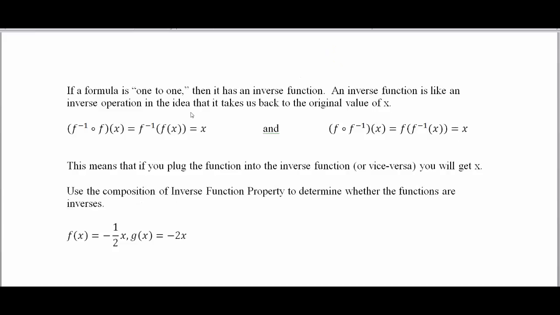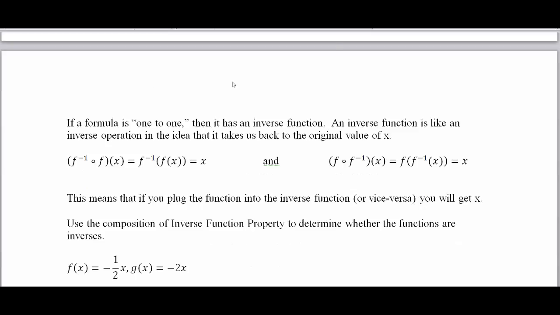Now for me to explain that a little bit more, I'm going to go up into the margin of the paper and create a table. If I have addition, what is the inverse of addition? The inverse of addition is subtraction, and the inverse of subtraction is addition.